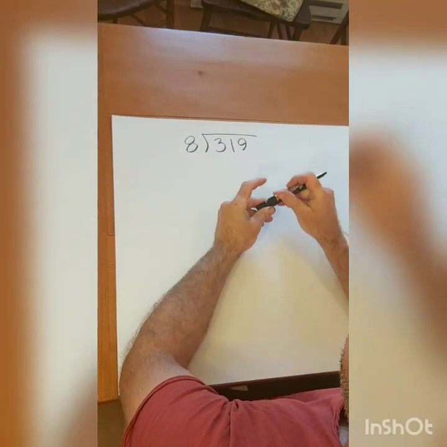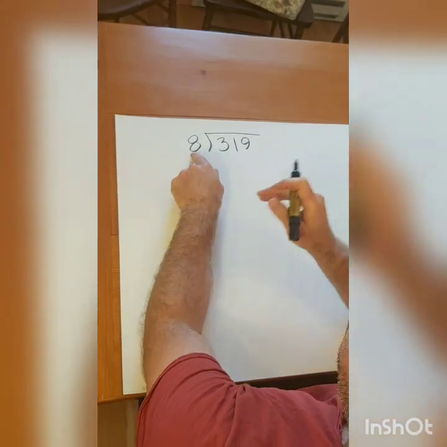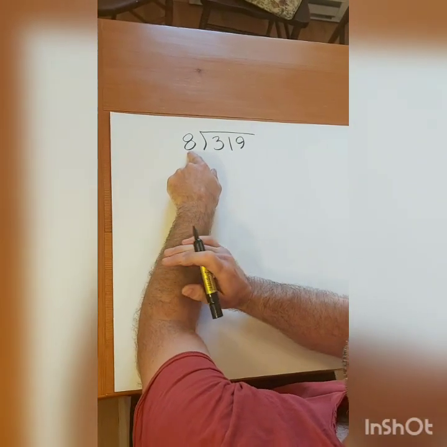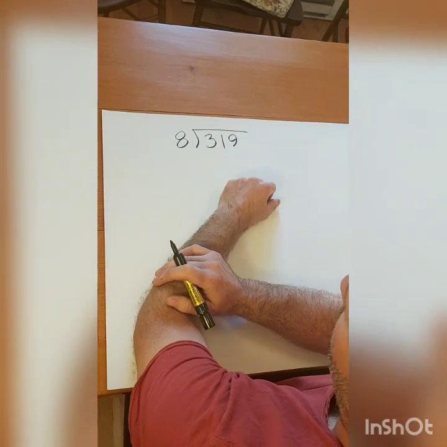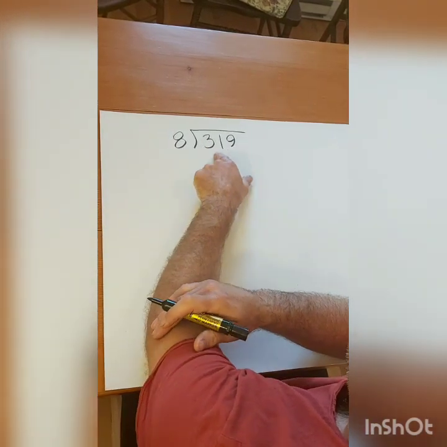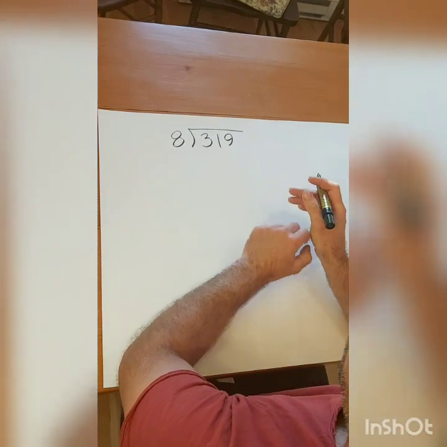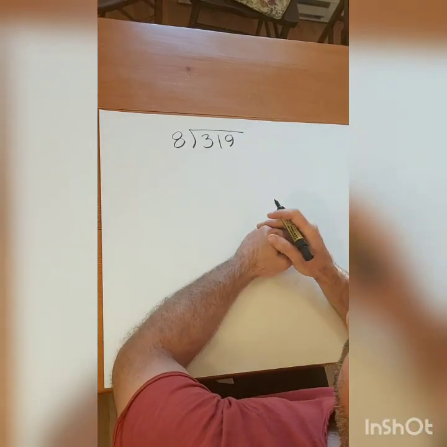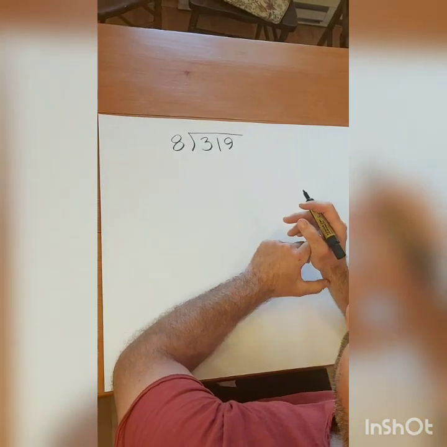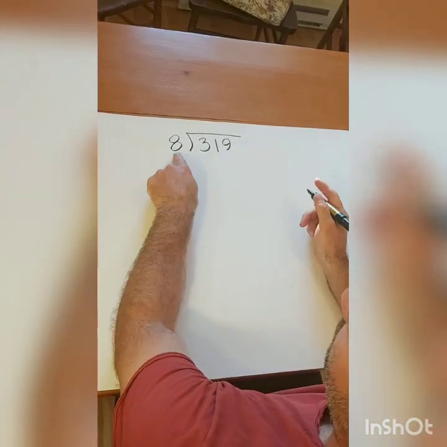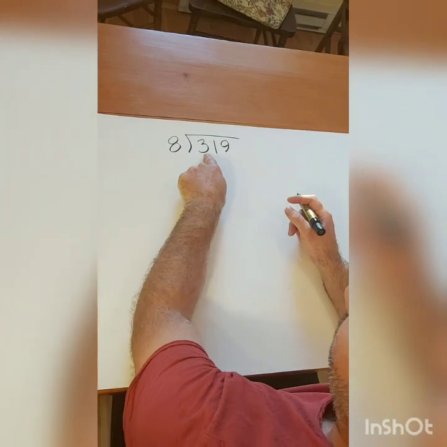When we start this question, we're finding out how many groups of 8 can I fit into 319? Or another way of thinking about it is, if I was to take 319 and break it into 8 equal parts, how many parts would be in each of those 8 groups? To start the question, we ask ourselves, can I divide 8 into 3?